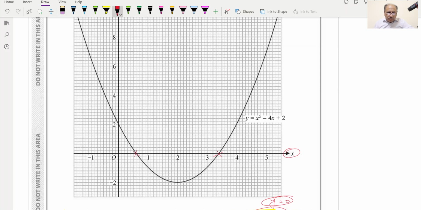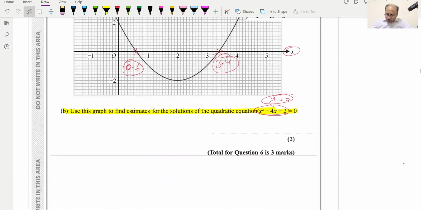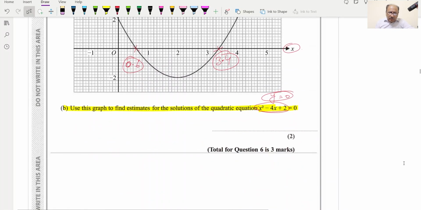These will be the two solutions, and we can figure out this will be 0.6 and this one will be 3.4. So these two will be the solutions which we can write over here: 0.6 and 3.4.